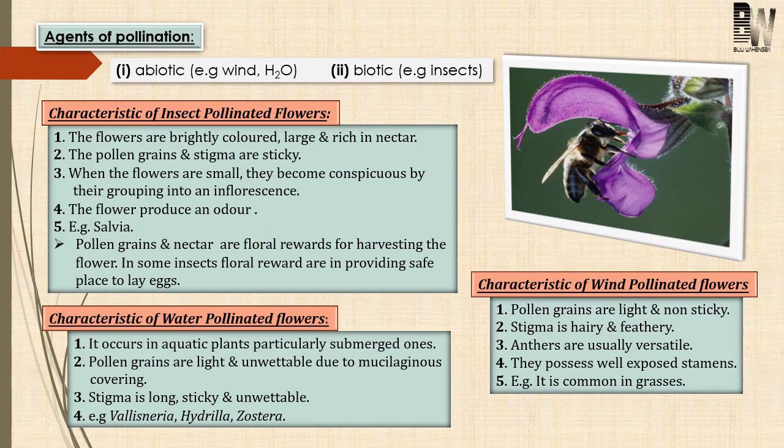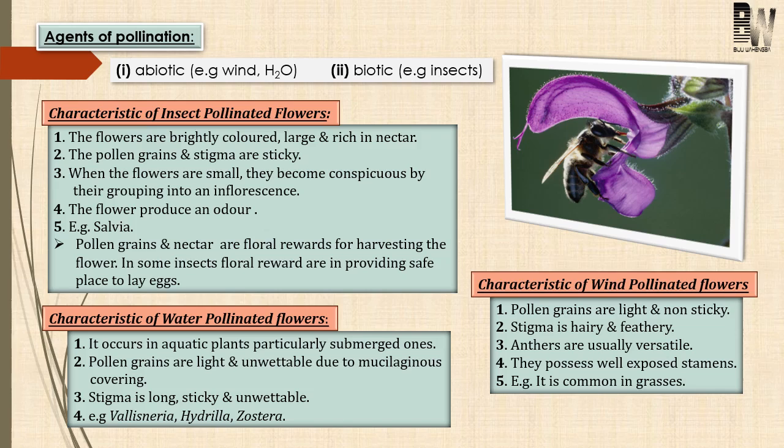On the other side, the stigma is going to trap that pollen grain which is carried by the wind current. So the stigma should be hairy or feathery, and they should possess well exposed stamens. In addition to this, the anthers are usually versatile. That means the filament is usually attached to the center of the anther so that the anther can move and swing freely. So these are the important features of wind pollinated flowers, and they are commonly found in grasses.